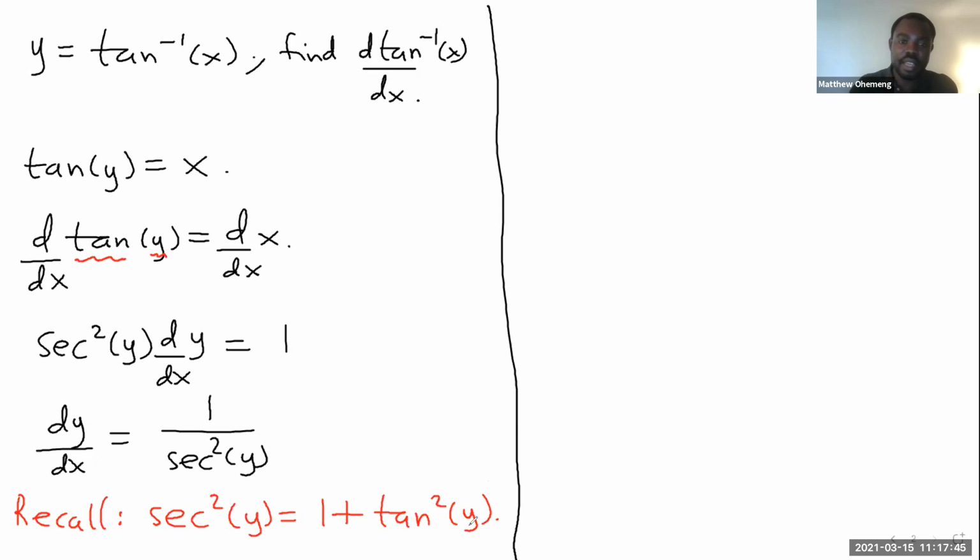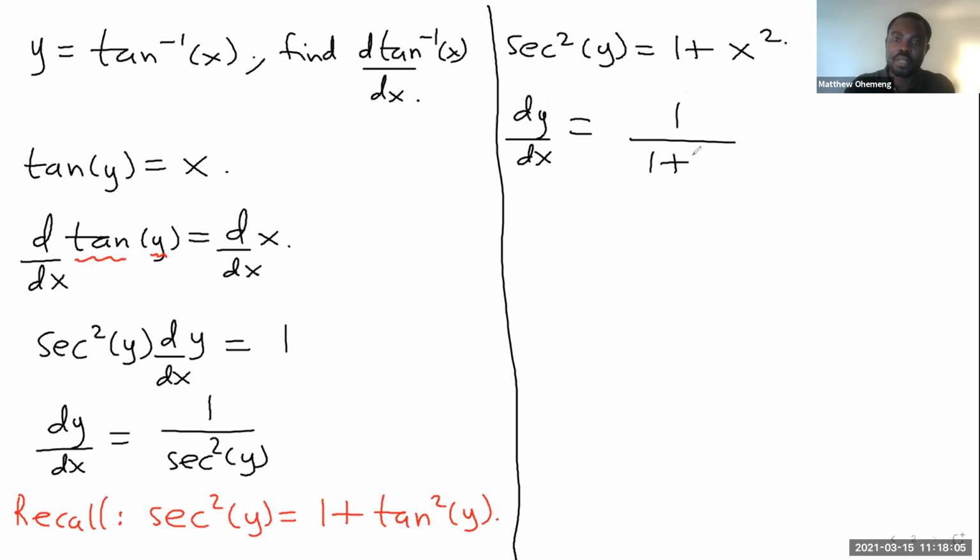Based on that, and the fact that tan of y equals x, we know that secant squared of y equals 1 plus x squared. With that said, we get dy over dx equal to 1 over 1 plus x squared. So the takeaway is the derivative of tan inverse of x over dx is equal to what?